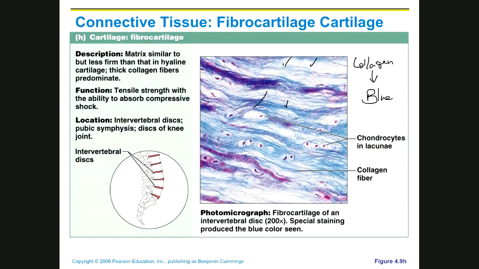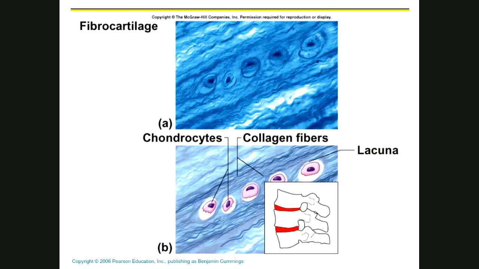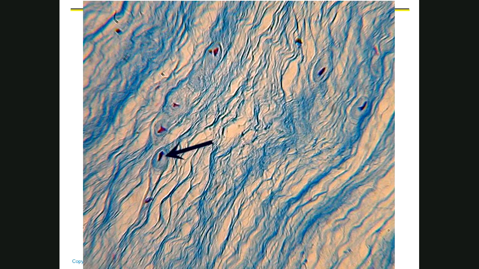But that is collagen. And then there's our lacunae with our chondrocytes in it. If we blow it up, it looks like this. So all of these blue fibers, those are collagen. And then there's our cells in the lacunae.